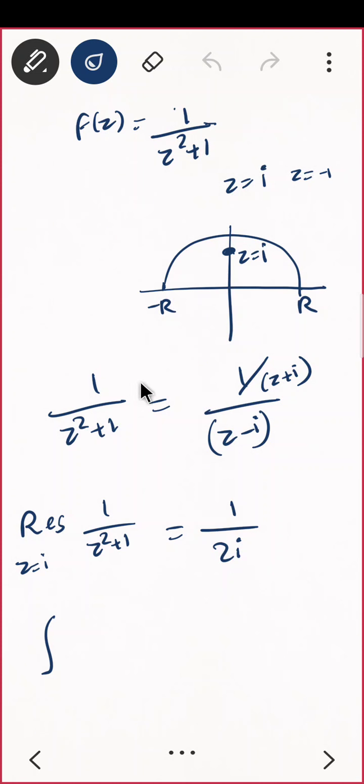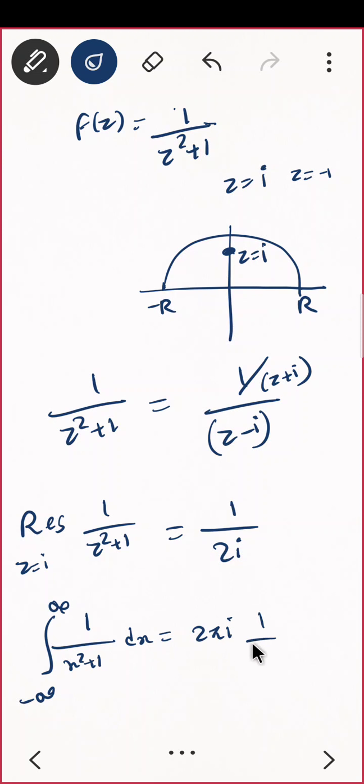And from this we know that minus infinity to infinity of f of z, f of z is this one, 1 upon x square plus 1 dx, is equal to 2 pi i into the sum of residues. So the sum of residues is 1 upon 2i. So the 2i cancels, it is pi. Is that clear? So this is its answer.